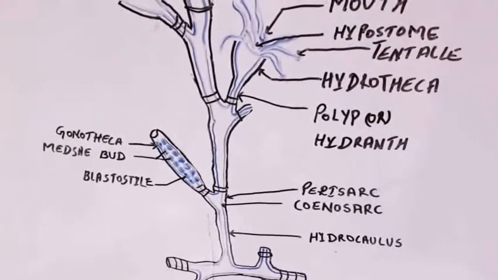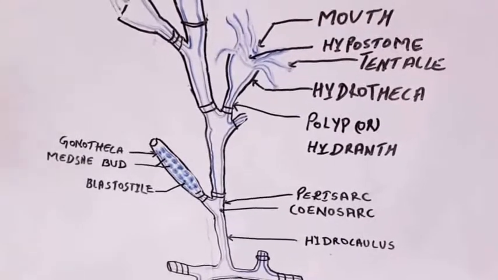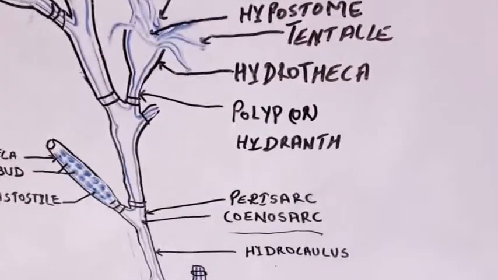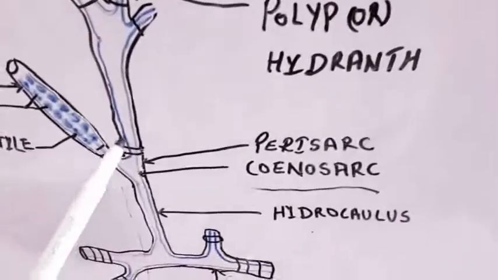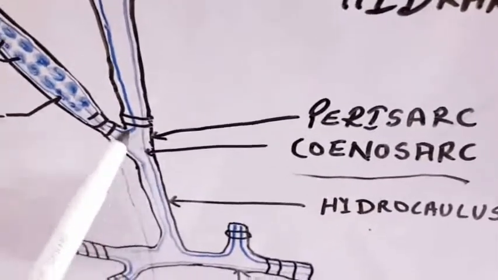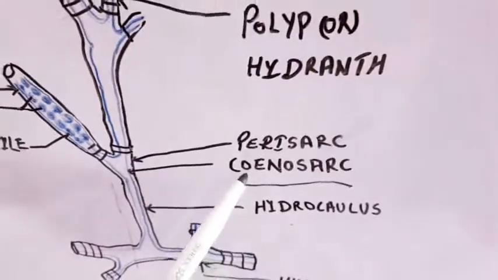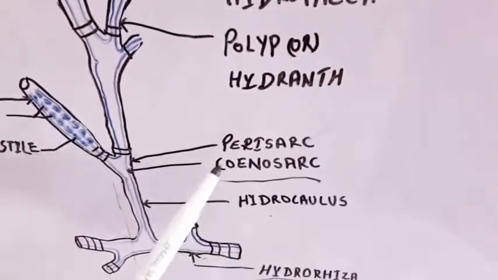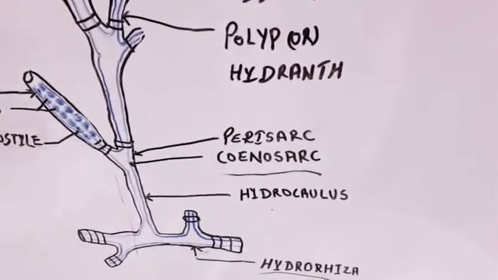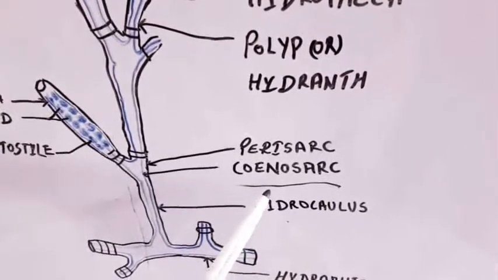These three layers together are known as coenosarc, which is the innermost layer of Obelia, made up of ectoderm, mesoglea and endoderm.